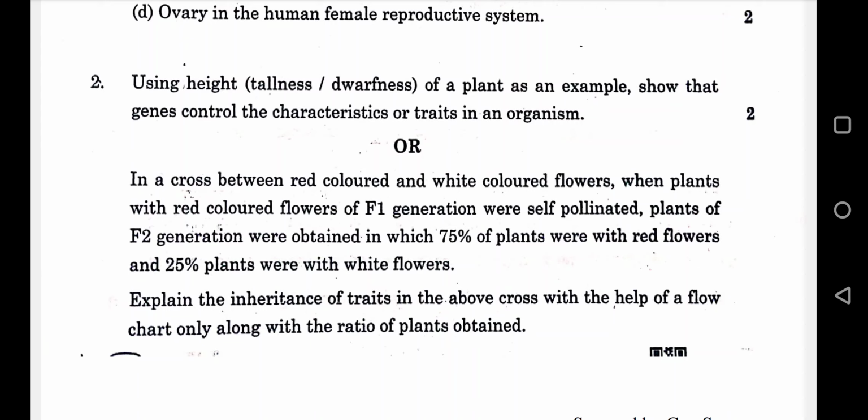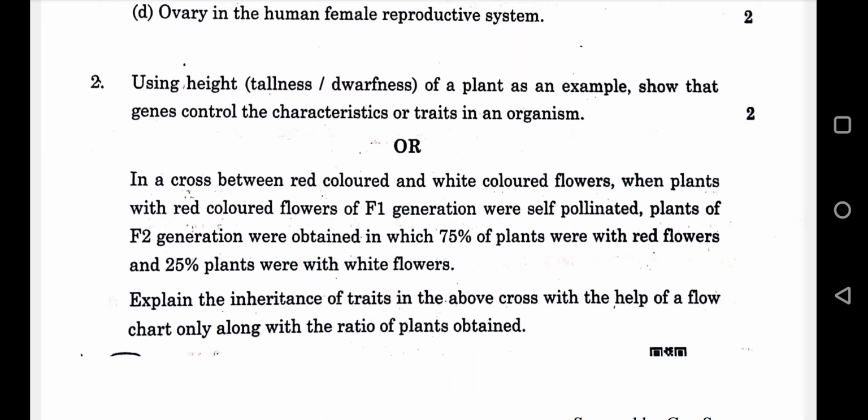In the OR question, in a cross between red colored and white colored flowers, when plants with red colored flowers of the F1 generation were self-pollinated, plants of the F2 generation were obtained, in which 75% of the plants had red flowers and 25% had white flowers. Explain the inheritance of traits in the above cross with the help of a flow chart, along with the ratio of the plants obtained. It is a very similar question to the first one.